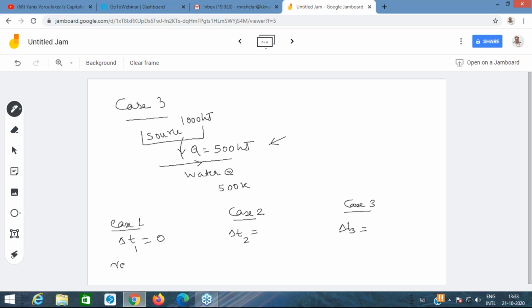So the case 1 is a reversible heat transfer. Case 2, the delta T was 100 Kelvin. So it means it is an irreversible heat transfer. And case 3, how much is the delta T? It is 500 Kelvin. So which is more irreversible, case 2 or case 3?